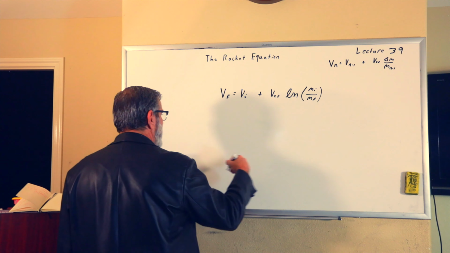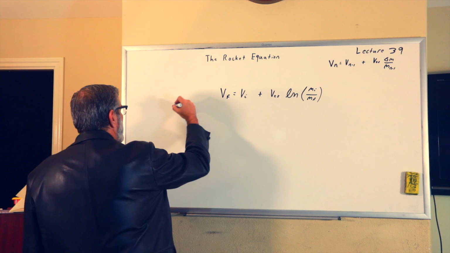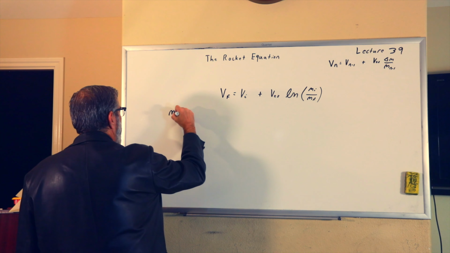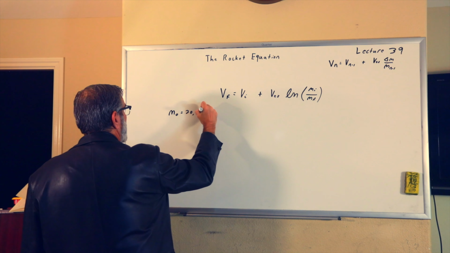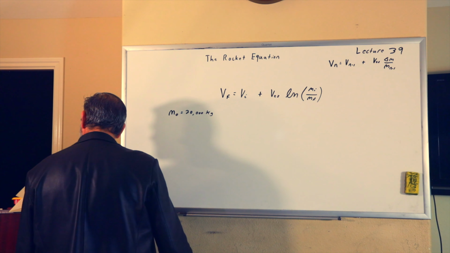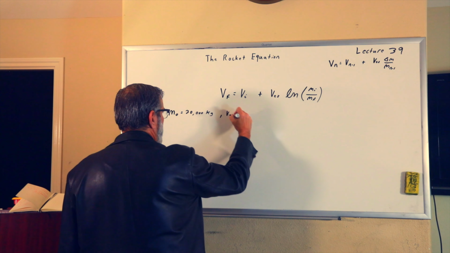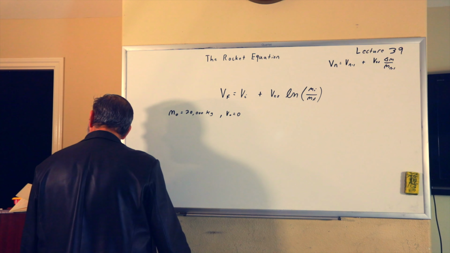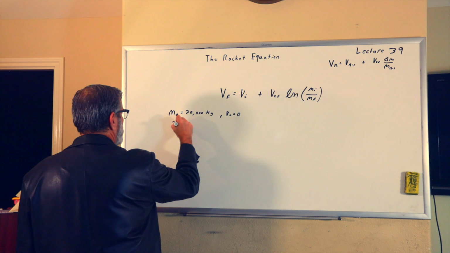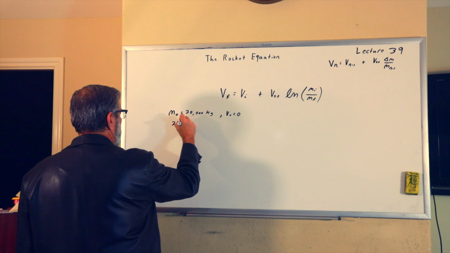So using our 90,000 pound thrust example from before, say the initial mass of the rocket was 20,000 kilograms, and of course its initial velocity was 0. And let's assume that we have a 20% payload.